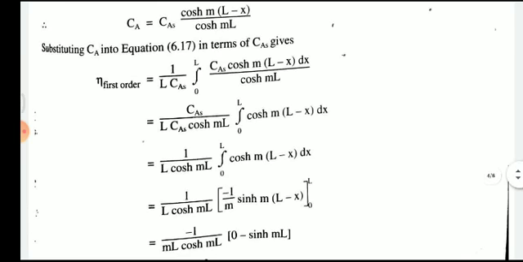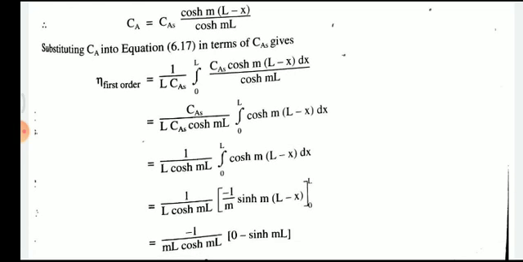Now substituting the value of Ca into equation 6.17. So for first order reactions, 1 upon L, Cs, integral 0 to L, cosh m(L minus x) dx upon cosh ml.